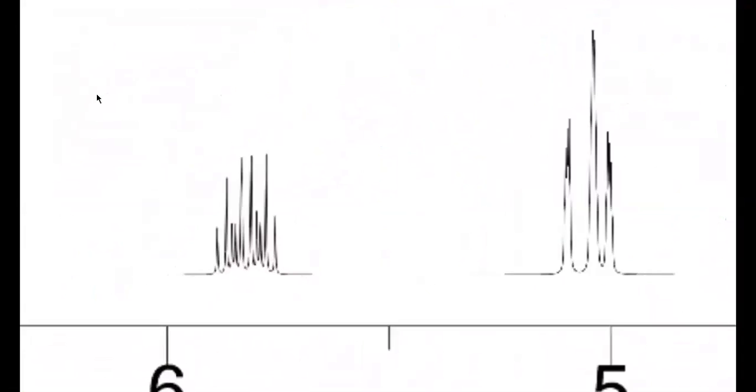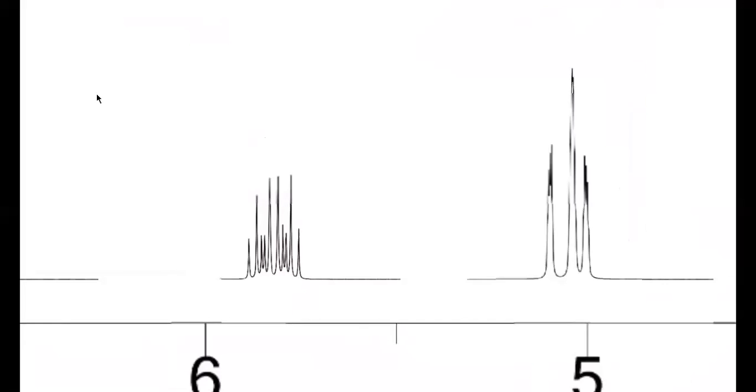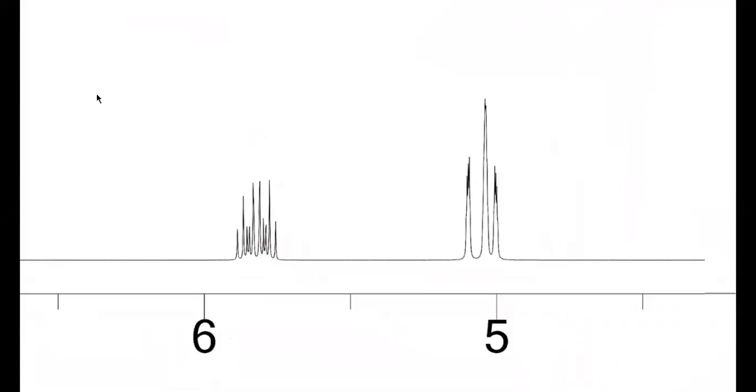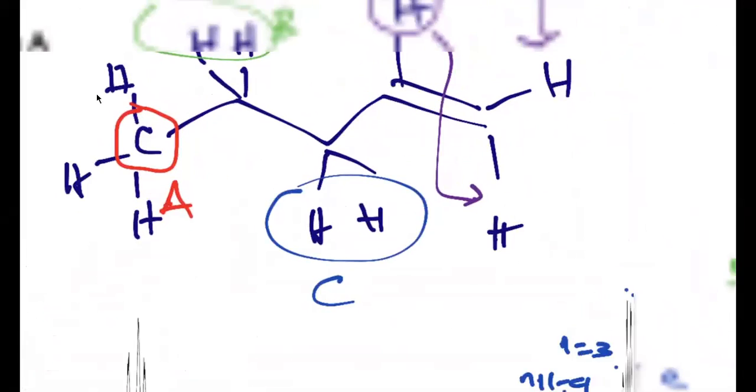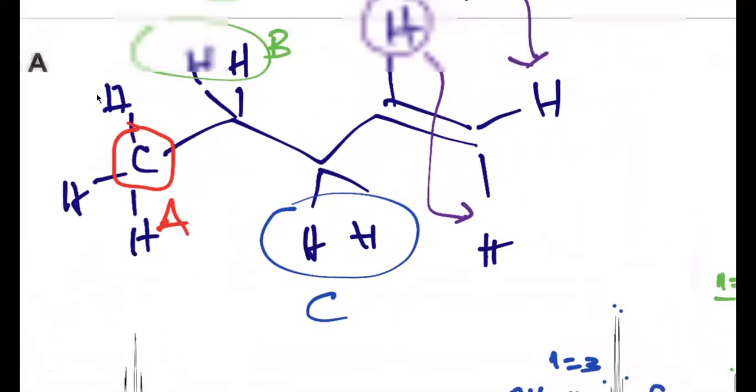Can you see all of that? So with complex splitting, it counts the neighbors separately. It's going to split with the CH2 on the right, and then it's going to split with each of the hydrogens on the left.